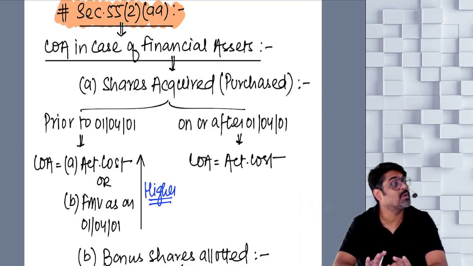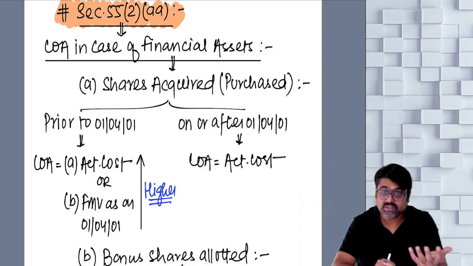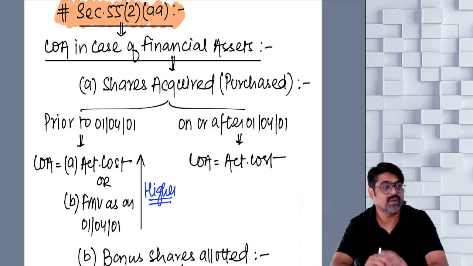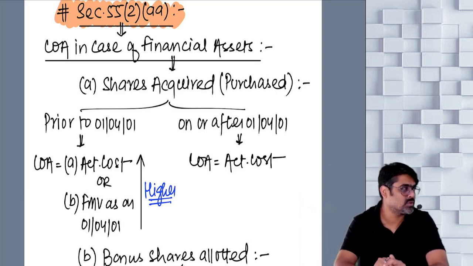These shares are allotted in the name of the depository, NSDL or CDSL, which then converts these shares into dematerialized form, and they are traded in the market.